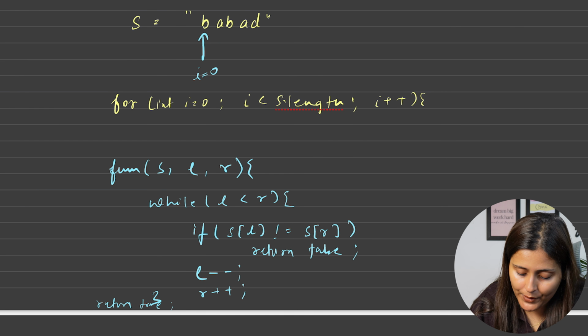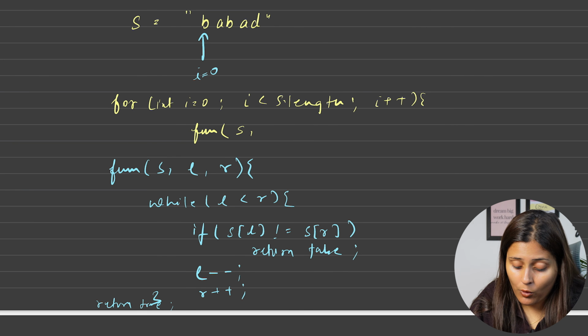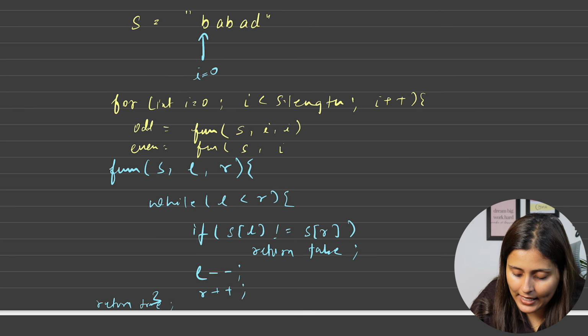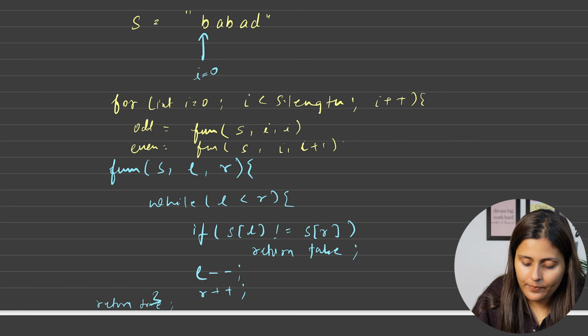So what I said, first I'll call this function with S. Now for odd length, so can I say odd and even? For odd I have to send I and I only, but for even I have to send I and I plus 1.